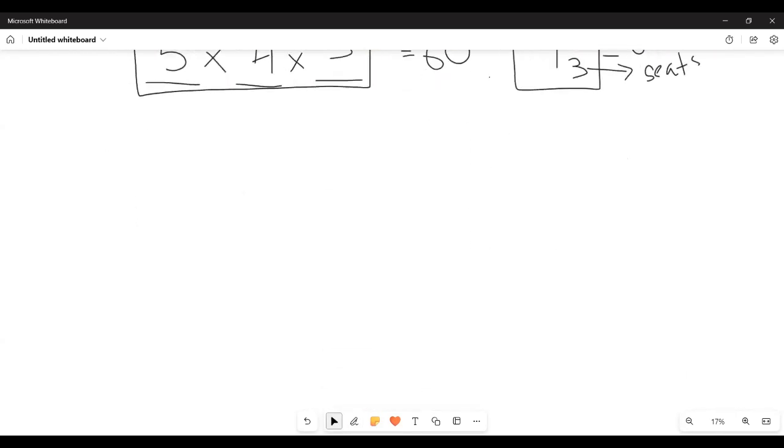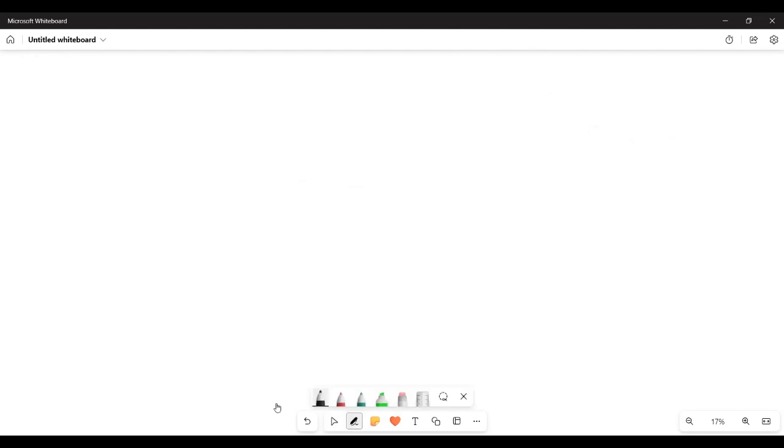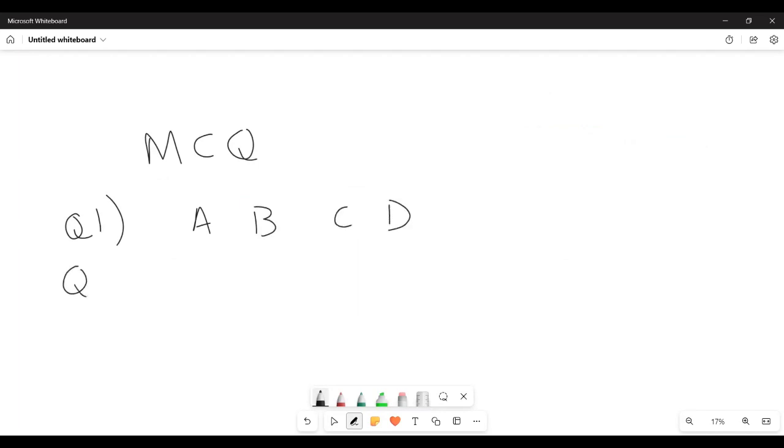ओके. Another question. MCQ का क्वेश्चन, MCQ का पेपर है. Question 1 की ऑप्शंस हैं A B C D. Question 2 की ऑप्शंस हैं ABCD.